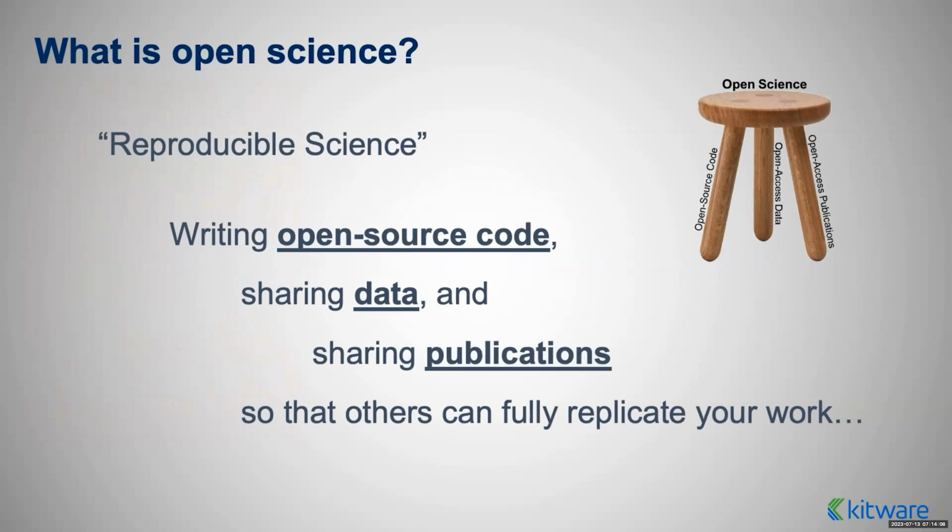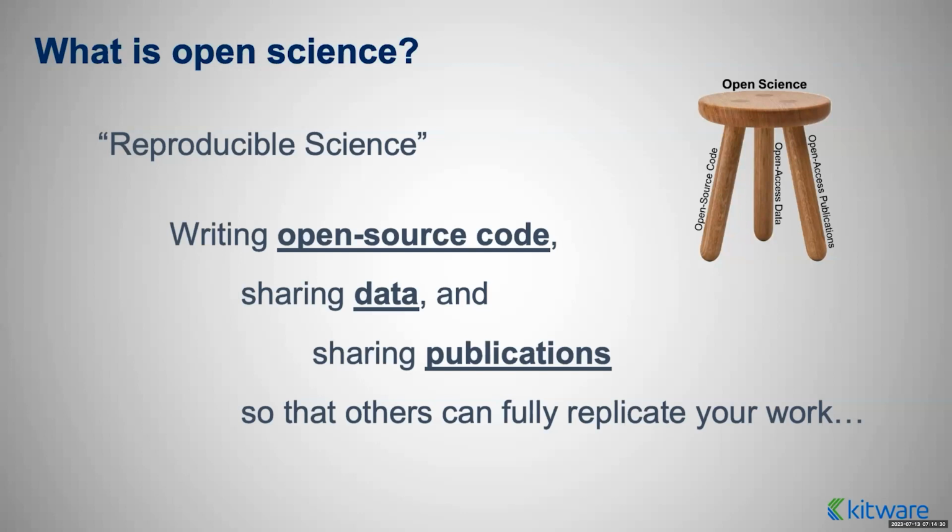Sharing the data that you processed using that code in order to then write your publication, which you then also make freely available. So by sharing the code, sharing the data, sharing this publication all together, your science is reproducible. Your science is real. It's evidently true. And this is really the motivation behind MONAI.